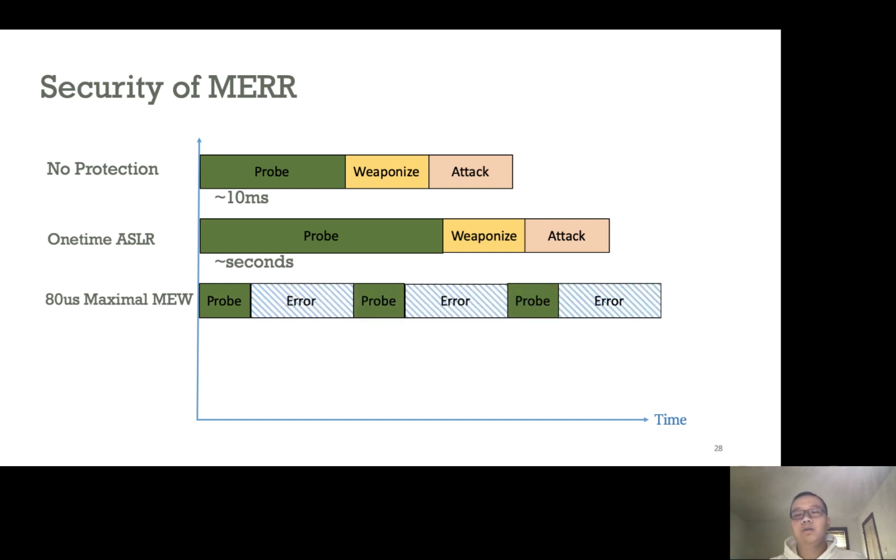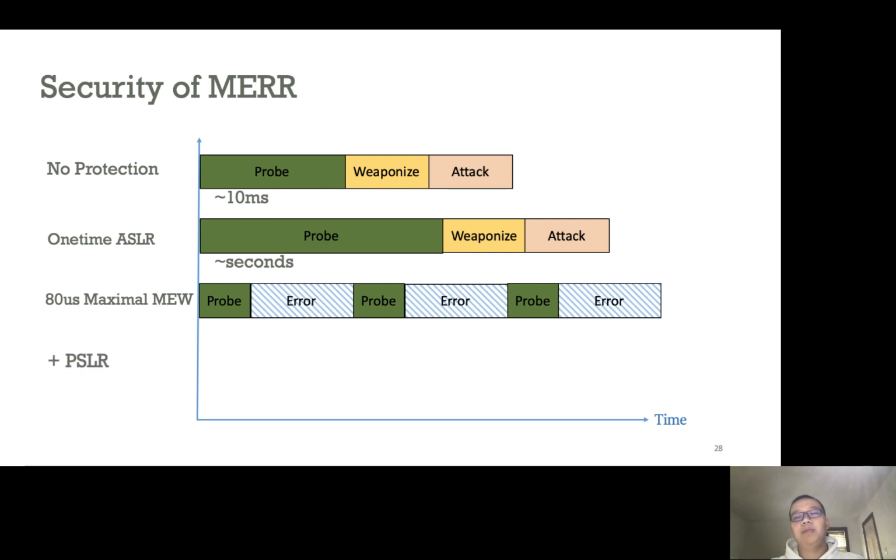memory exposure window, when the attacker probes outside the window, they actually perform a false probe since they will just receive an error. And even though Meltdown can bypass the kernel space isolation, it still cannot read unmapped data.